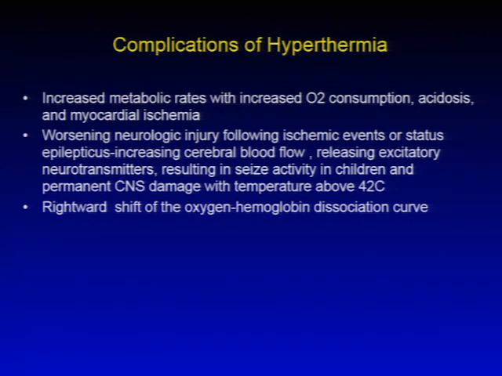It can worsen neurological injury following ischemic events or seizure, which will increase cerebral blood flow and release excitatory neurotransmitters, resulting in seizure activity in children and permanent CNS damage with temperature above 42. It can cause a rightward shift of the oxygen hemoglobin dissociation curve.